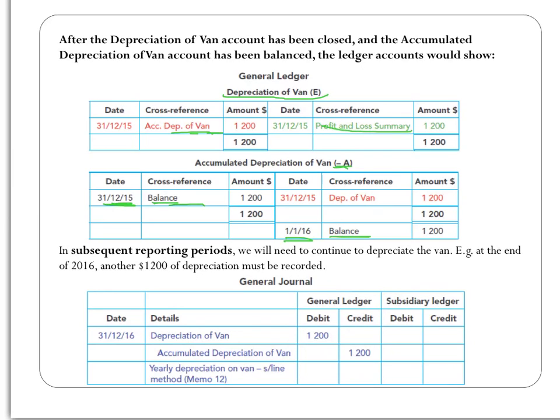So how we record it: debit the depreciation of van, this expense account, 1,200, and you credit the accumulated depreciation of van. You credit this negative asset account, okay? And the narration would be yearly depreciation on van using the straight line method, memo 12.